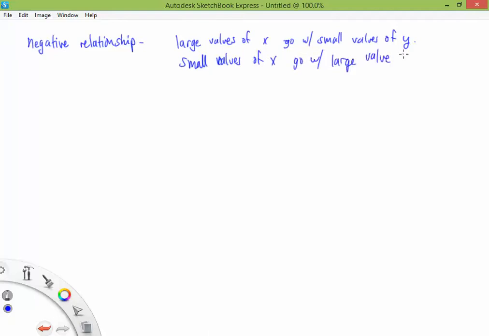Can you think of anything that will have a negative relationship? Two variables that will have a negative relationship. No, I wouldn't say days of the week.